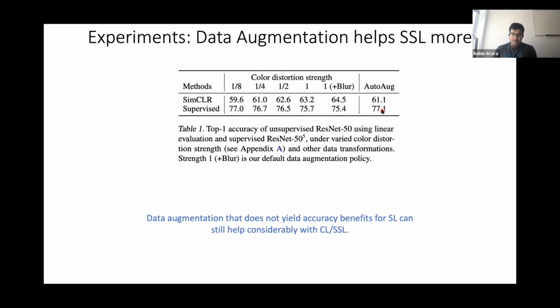AutoAug is a way of doing augmentation. AutoAug works super nice in classic supervised learning. It gives 77.1% best score. AutoAug does not work with SSL. And really simple color distortion is what really gives them good results for self-supervised learning with SimCLR.